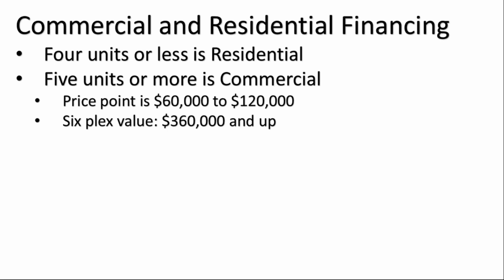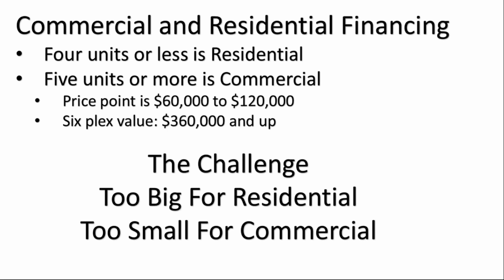So even if you've got a fantastic job and you can qualify for the mortgage, you can't get a mortgage because it's not a residential mortgage. And you're too small for the commercial lenders. So First National, for example, doesn't want to touch it because you're under the $500,000 to $750,000 range that they are trying to stay away from. They want the big deals.